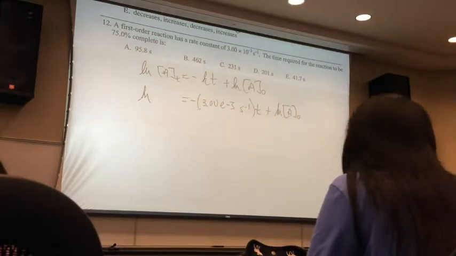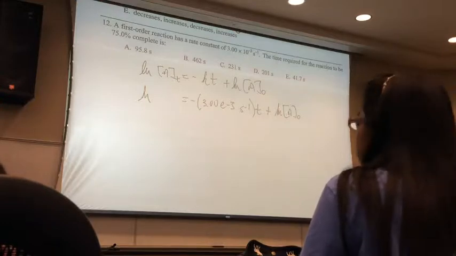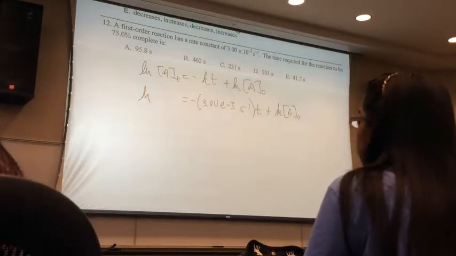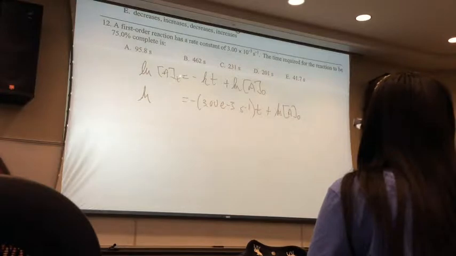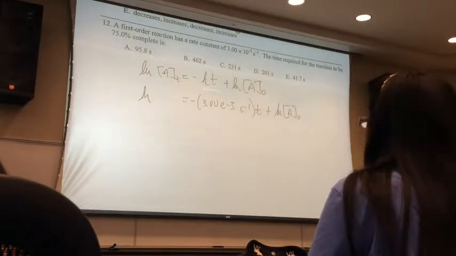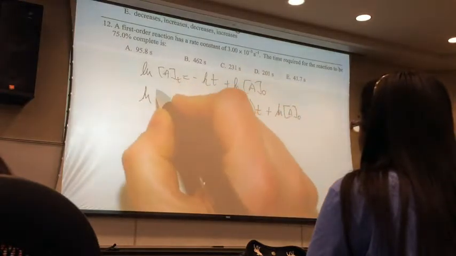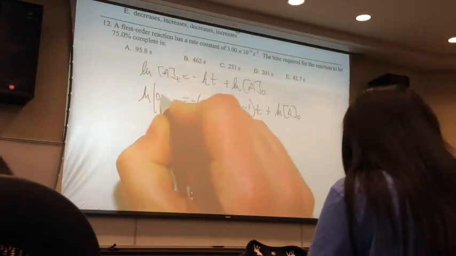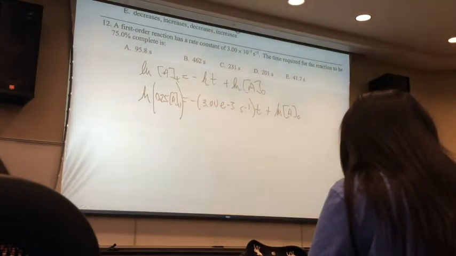So the assumption is that A is a reactant going to something. We don't know what the reactant is. It doesn't even say. But we have some reactant, and it's going from an initial concentration to some concentration at time t. If this starts out as A0, 75% complete means 25% of A is left, which means this right here would be 0.25 times A0.